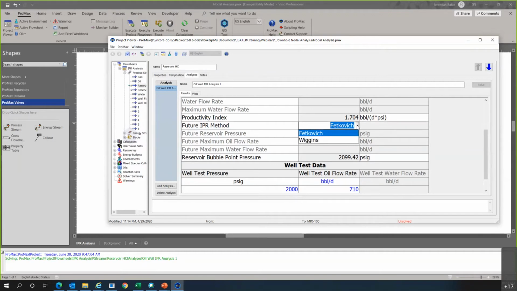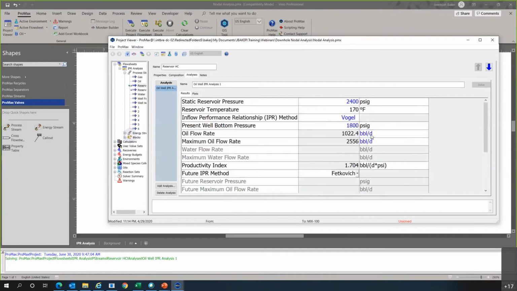Most of them will require more well test points. So you can look at the future of your reservoir through some of these correlations, and that's what that section is used for. We're not going to dive into that much today, but that is something you can use as well. That's why it's different here, because Vogel doesn't even have a future correlation method calculation.